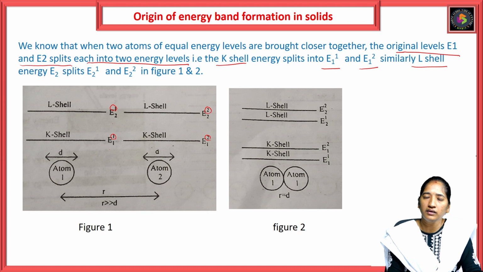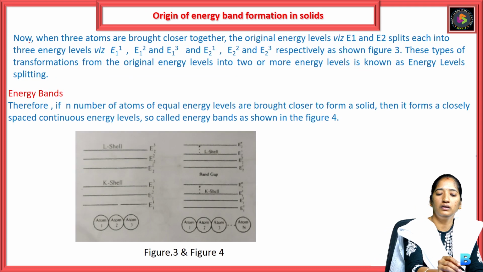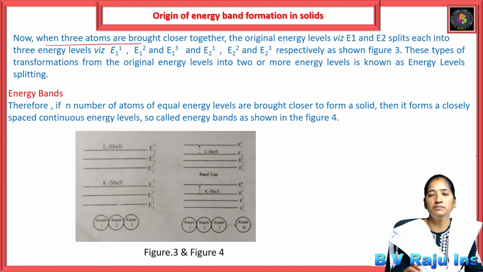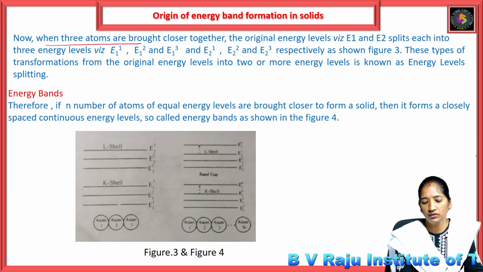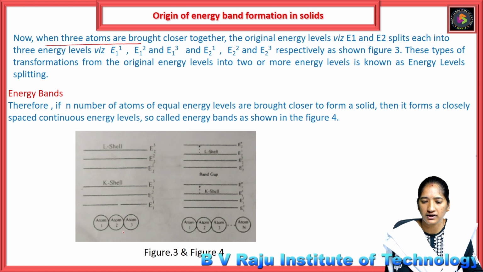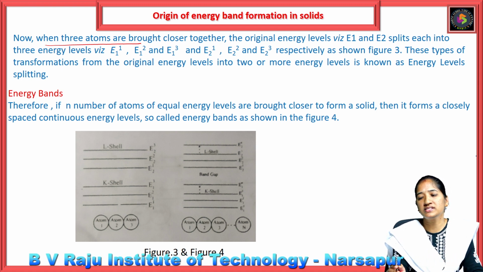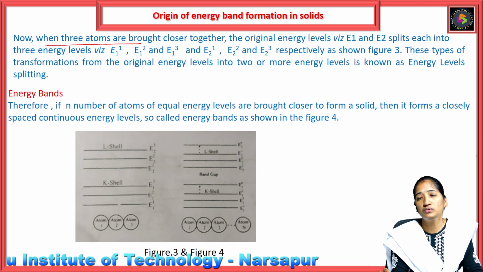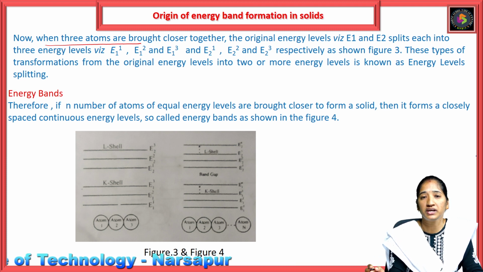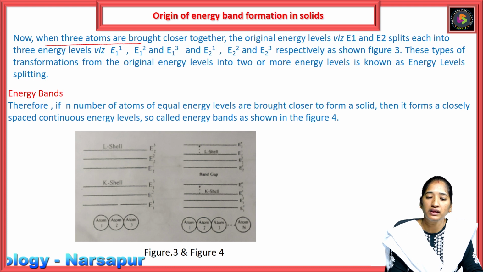Like that, let us consider more than two atoms. Now, when three atoms are brought close together, the original energy levels E1 and E2 each split into three energy levels: E11, E12, E13, and E21, E22, E23.